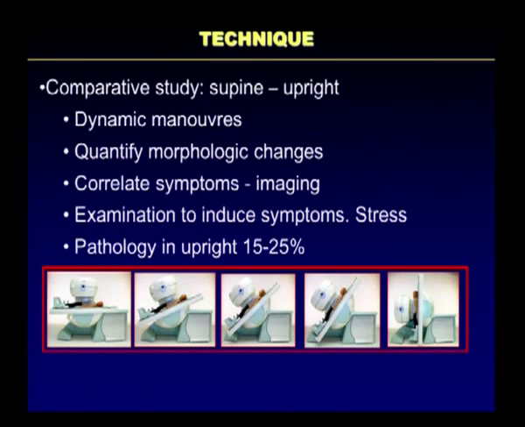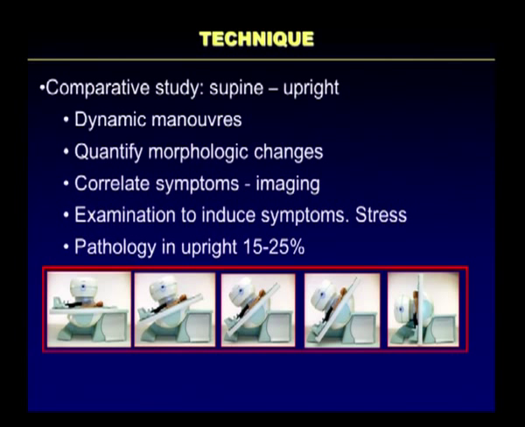The power of the weight-bearing MRI technique is that we can compare. We can perform a supine examination and then an upright examination. We can perform different dynamic maneuvers. We can quantify these morphologic changes. It is important to correlate the imaging with the symptomatology of the patient.